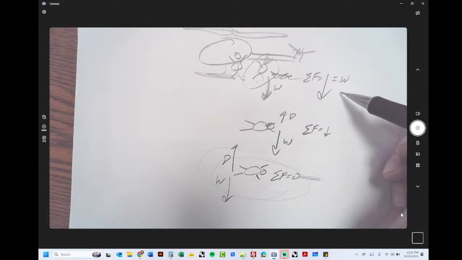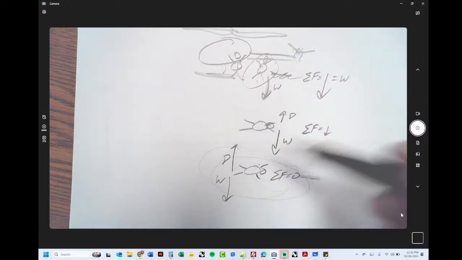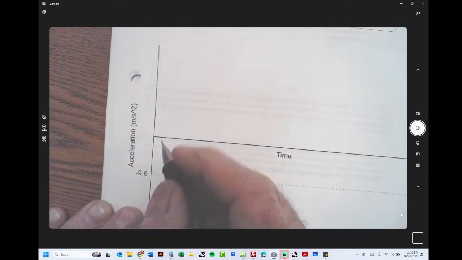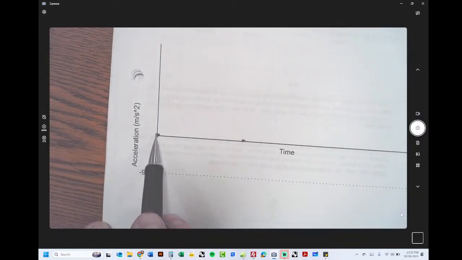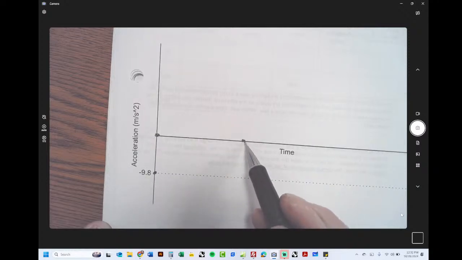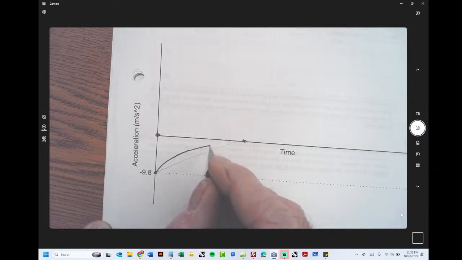So on this graph that we're about to draw, I want to show what's happening to the acceleration between here and here. And let's say this is where they step off, this is where they reach terminal velocity. What's the acceleration right when they step off? Negative 9.8. What is it when they reach terminal velocity? 0. So would you guess this is linear? No. It's really more like this.